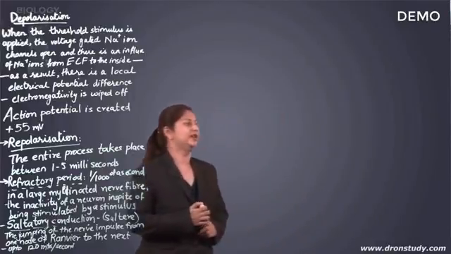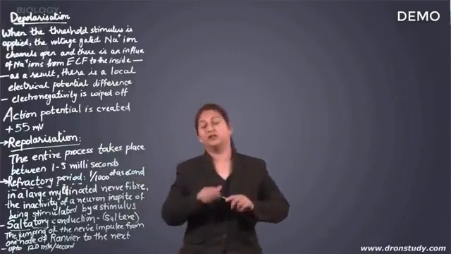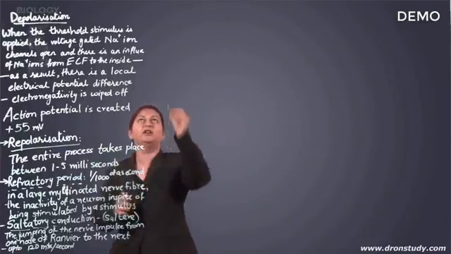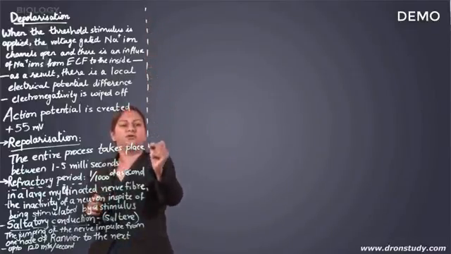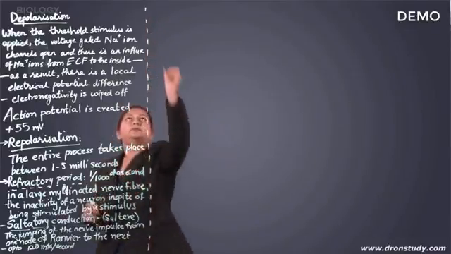Then next we move on to see the velocity of a neuron. Now, on what does the velocity of a neuron depend?